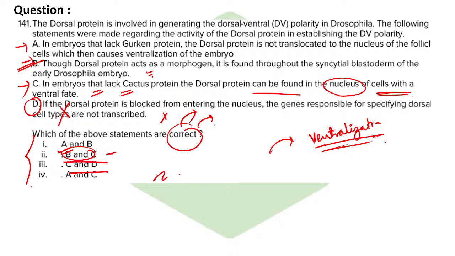That dorsal protein causes the ventralization, and if dorsal protein is not translocated, how can the ventralization be there, right? Because absence of dorsal protein is going to cause the dorsalization only. Okay, so remember about this particular thing.